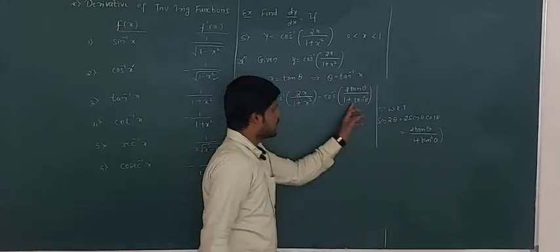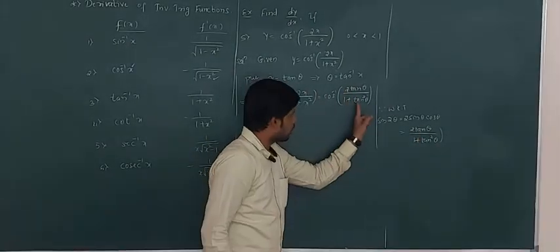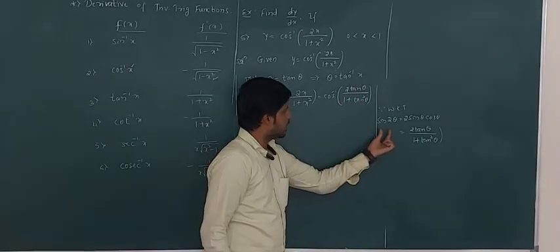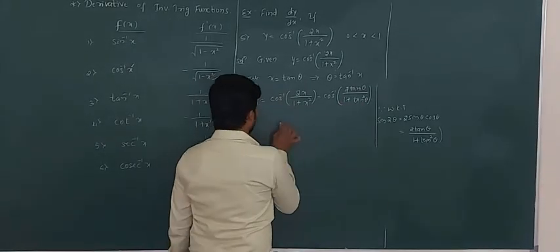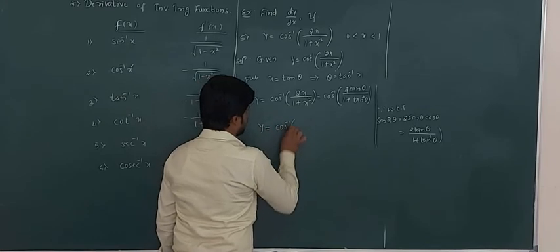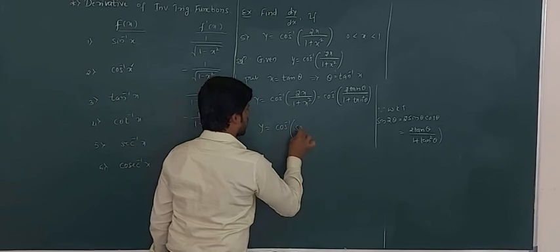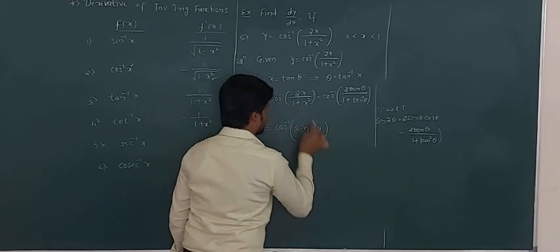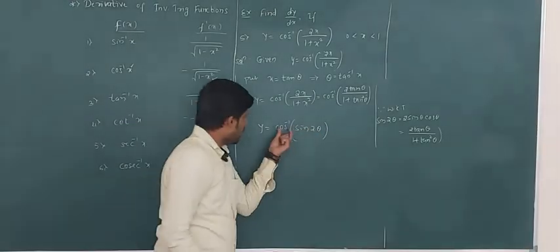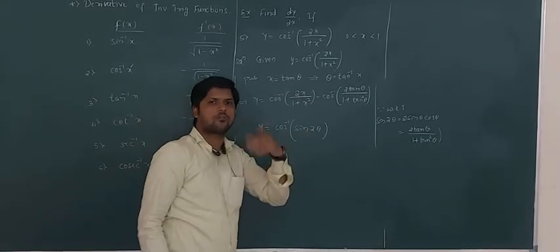Now comparing these two, we have the same 2 tan theta divided by 1 plus tan square theta. So this can also be written as sin 2 theta. So therefore y equals cos inverse of sin 2 theta. Again, here the outside inverse function is cos. Now convert this sin in terms of cos.